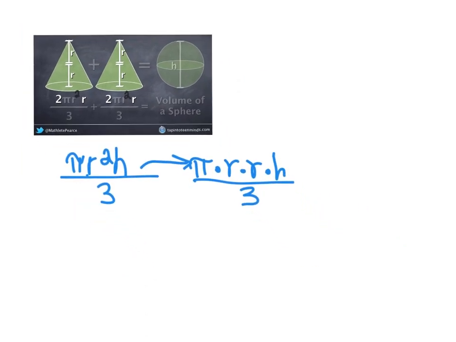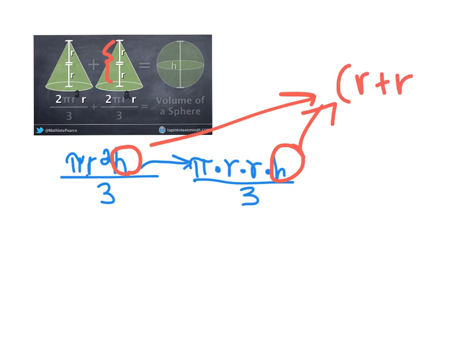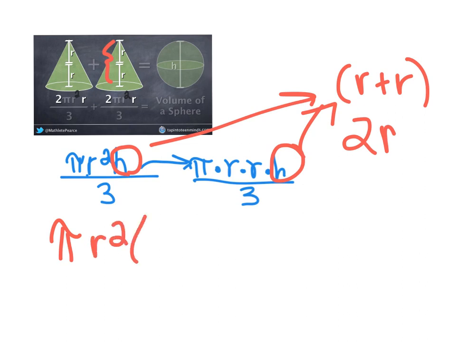Then we recalled that the 2 radiuses end to end are the same measure as the height. So we replace that h with r plus r, which is 2 times r. Remember the example with 3 plus 3 equal to 2 times 3. So r plus r is equal to 2 times r. And I'm going to rewrite pi r squared times 2r divided by 3.